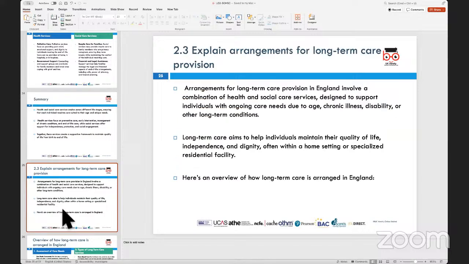Now, the next assessment criteria talks about explaining the arrangements for long-term care. One of the things we want to understand is what long-term care means. Long-term care has many different definitions.